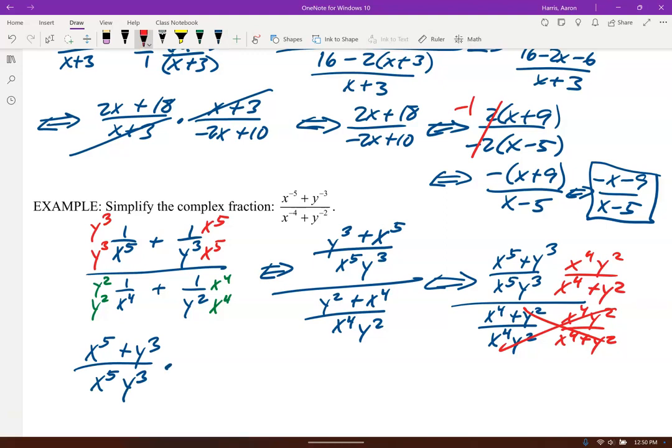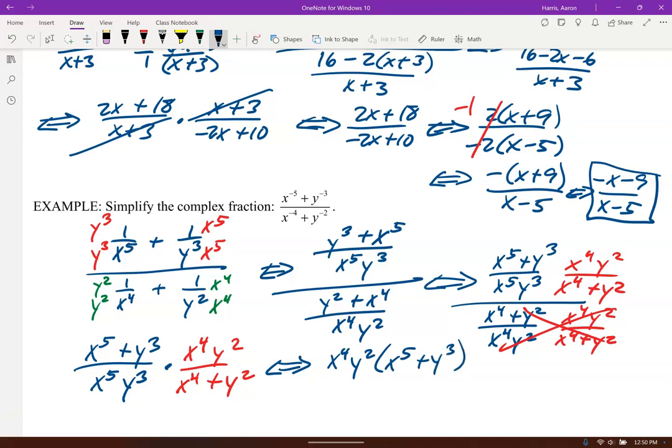Times, so we have, I'm going to write x to the 4th y squared, then we have this x to the 5th plus y to the 3rd. Denominator, I have this x to the 5th, y to the 3rd, x to the 4th plus y squared.